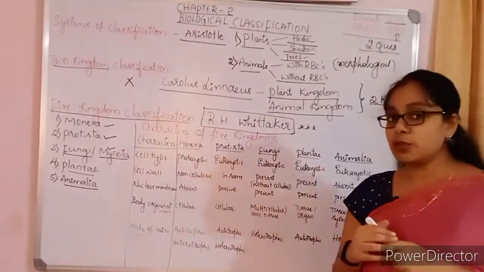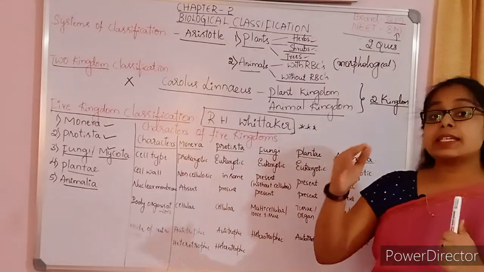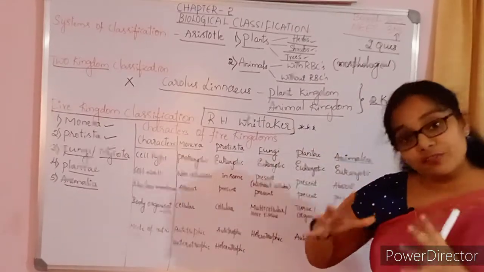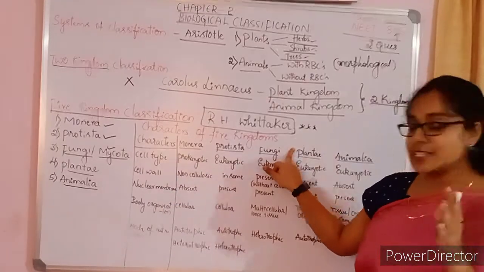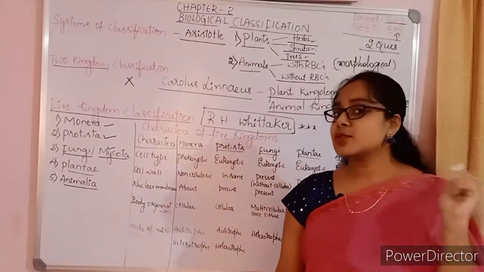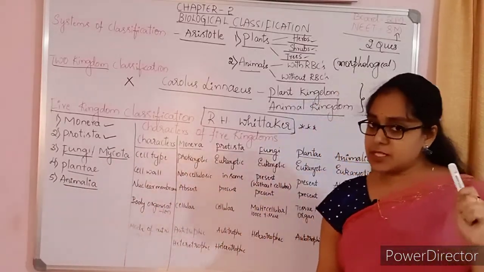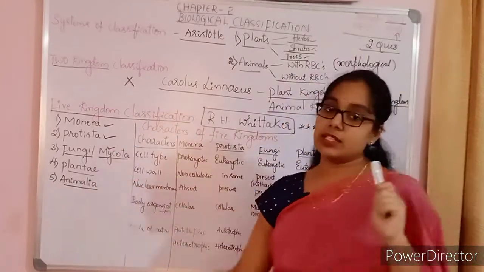in the 5 kingdom system of classification, you have to study the characters based on which R.H. Whittaker has classified organisms under all these kingdoms. Okay, so now let's see which are those characters based on which he classified organisms into 5 kingdoms.